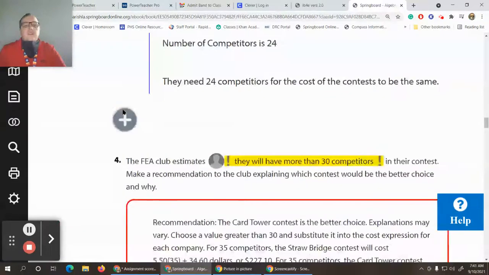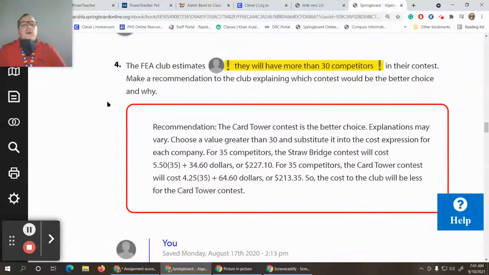All right. The FEA Club estimates that they will have more than 30 competitors. That is very important information. That needs to be circled, underlined, exclamation point, whatever you need to do, because that is very important information. Why is that important?